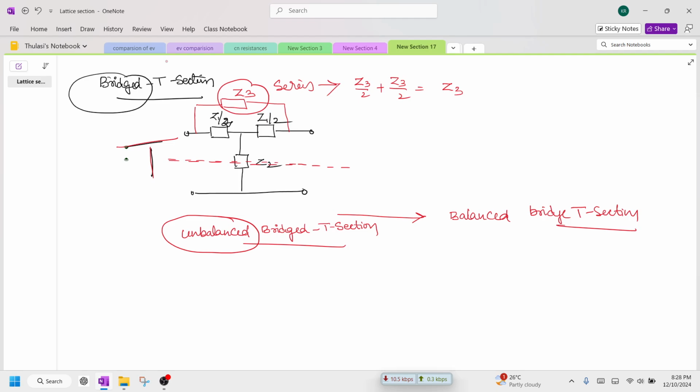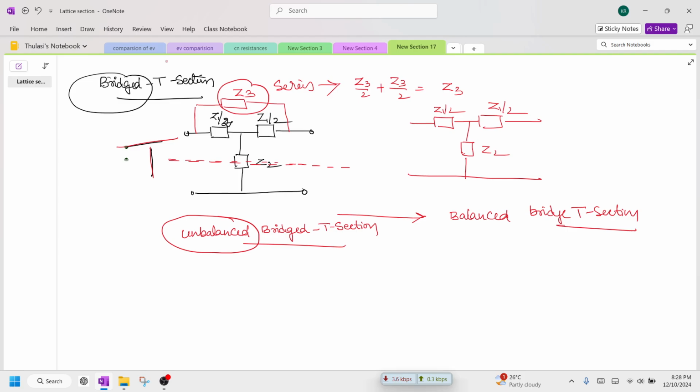So this Z3 I'm going to write down like this. Z1 by 2, this is also Z1 by 2, and the shunt branch is Z2, which stays as it is.